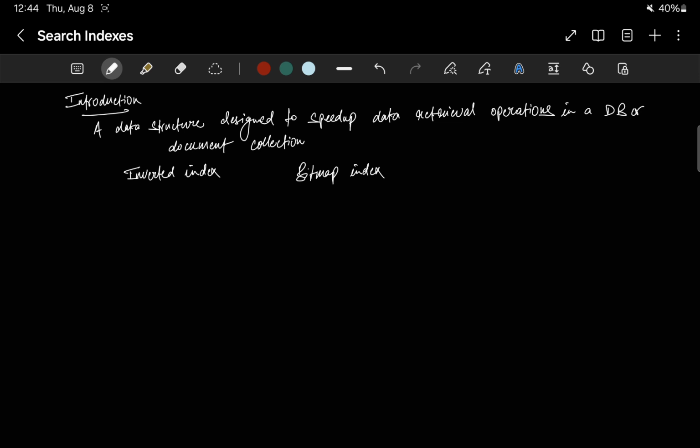Okay. Now let's talk about the key components of search indexes. First is the indexing structure.